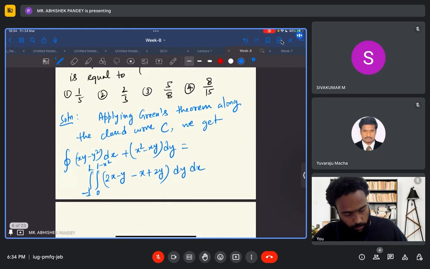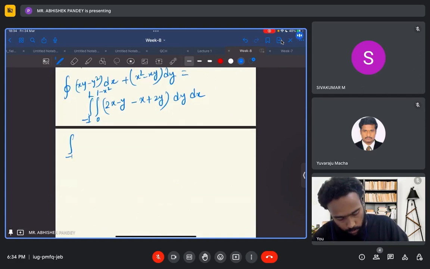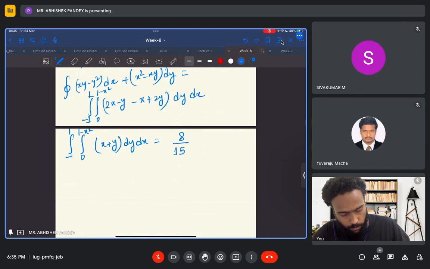So this is nothing but x plus y, integrated over minus 1 to 1, 0 to 1 minus x square, x plus y dy dx. This will be 8 by 15.